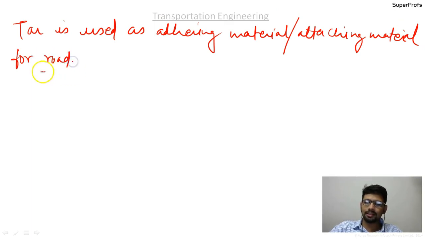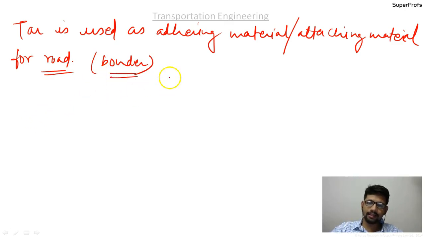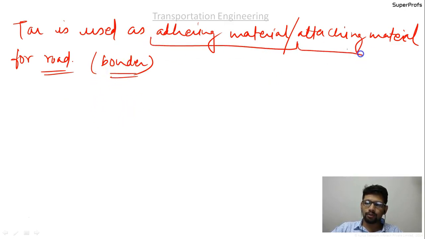So it is something like a bonder. Apart from this bonding material, what we get to see is either bitumen or asphalt. You may say practically it is asphalt.